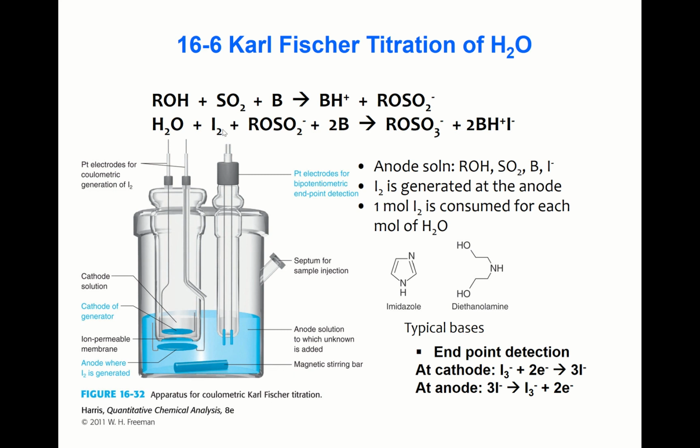And the generated iodine cannot react with water because water is already all consumed. Then this iodine in the form of triiodide is reduced to iodide, and then iodide is reoxidized. So much current flows here, and you can stop when this current increases over a certain value. That's how this water molecule concentration is precisely determined by this Karl Fischer titration. Right, this is working quite well.